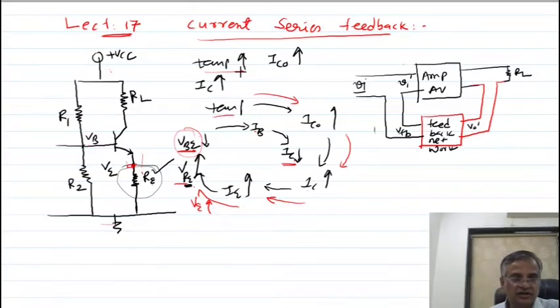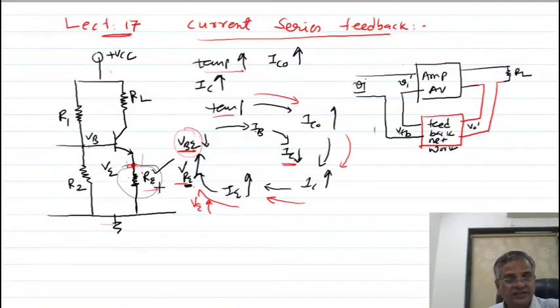This is used to stabilize the collector current against temperature. Here DC voltage is effective. You have not given AC, only DC is there. So this is called DC feedback. This voltage affects the input. So DC voltage across RE is used for thermal stability of the circuit.